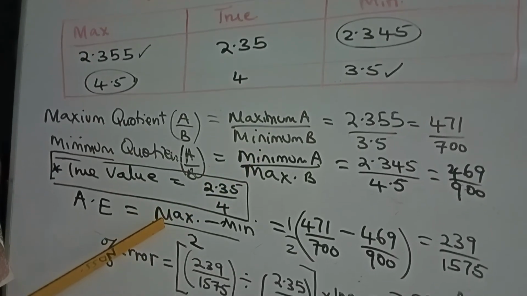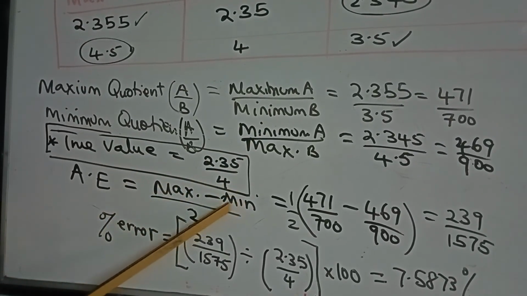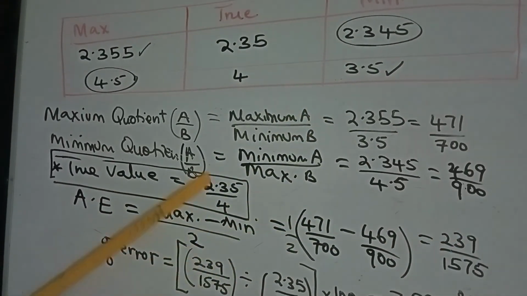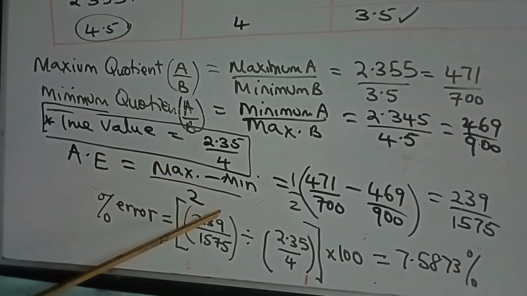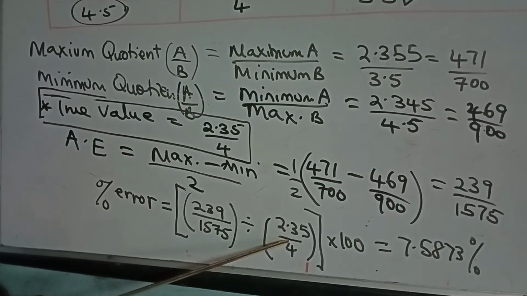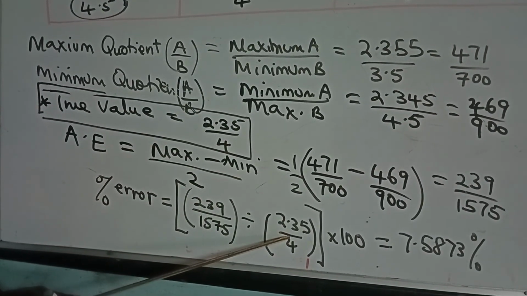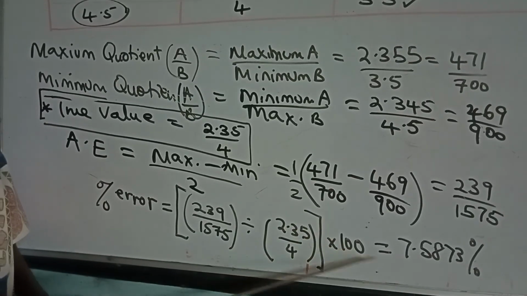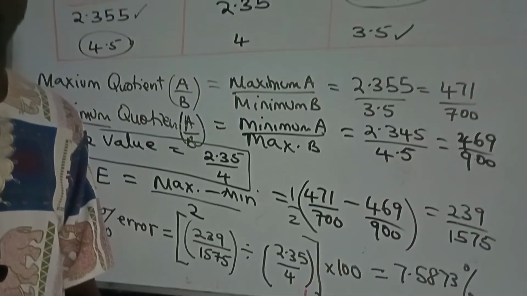Then using the formula, maximum minus minimum over 2, we get the absolute error. Once we get the absolute error, we use absolute error over the true value of the division, then multiply the result by 100, and then we are done.